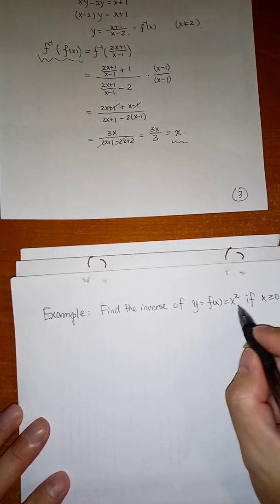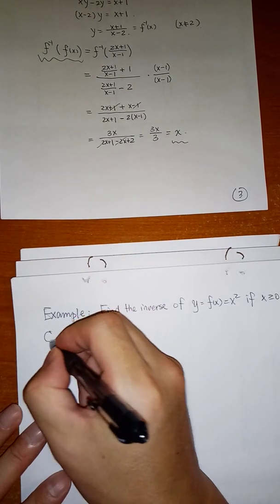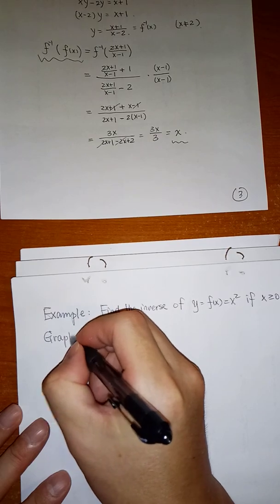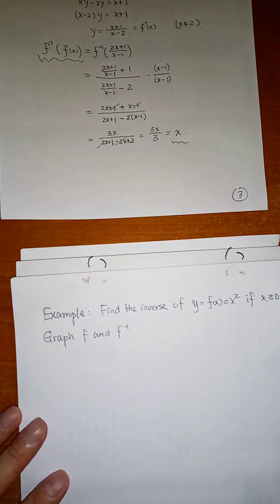With this condition, this function is 1-to-1. The x squared function is 1-to-1 only with x greater than or equal to 0. Without it, it's not 1-to-1 and does not have an inverse. And graph f and f inverse.